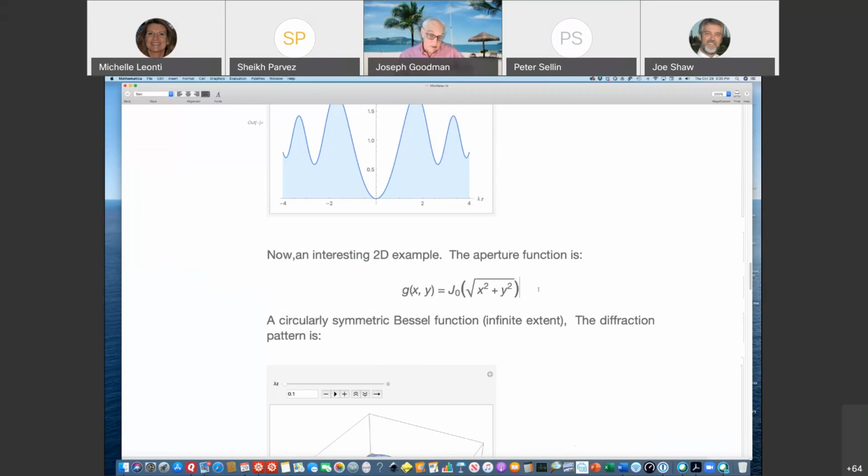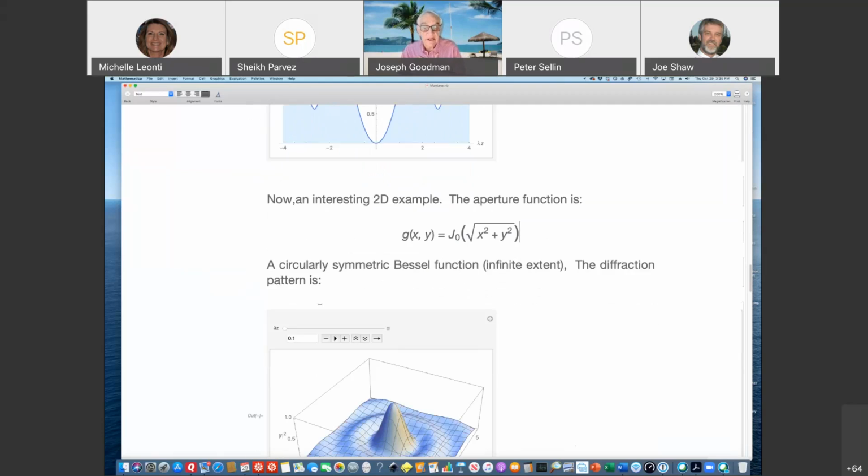Now, you could, of course, object that this function, as defined, is infinite in extent, and undoubtedly we have a finite pupil. Well, let's just suppose that that finite pupil encompasses most of the Bessel function where it has significant energy, and then we'll talk about what happens due to the aperture function in a minute.